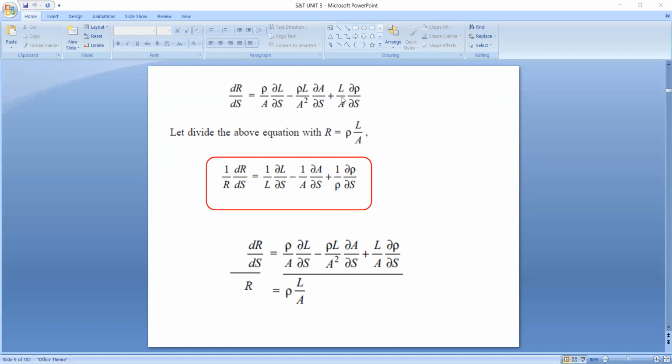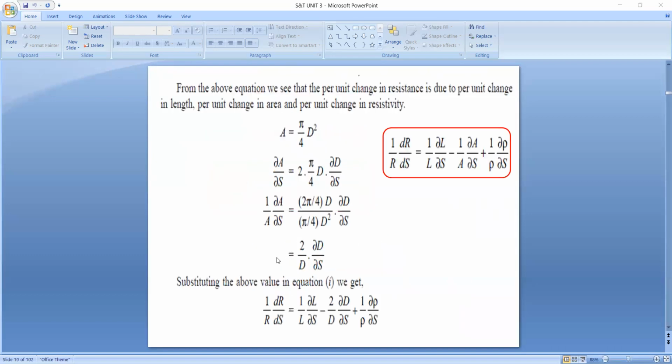The previous expression is written as such, and we divide by the R value. So you get the expression as 1 by R, dou R by dou S is equal to 1 by L dou L by dou S minus 1 by A dou A by dou S plus 1 by rho dou rho by dou S. And we know the area is equal to pi by 4 d square.